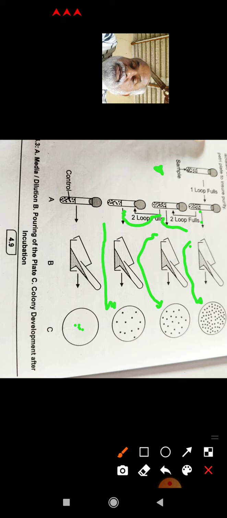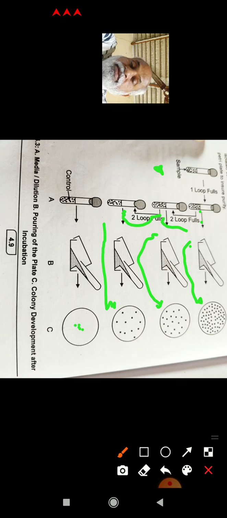When bacterial colonies develop, one can see that isolated colonies develop on the surface of the agar medium as well as within the agar medium, which we can call subsurface colonies. So on the surface of the solidified agar medium in the petri plate, colonies can be seen.